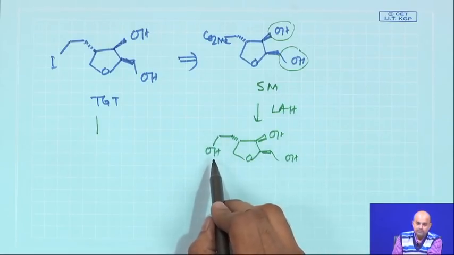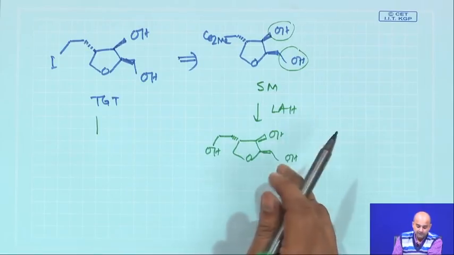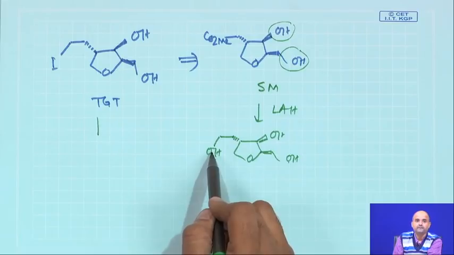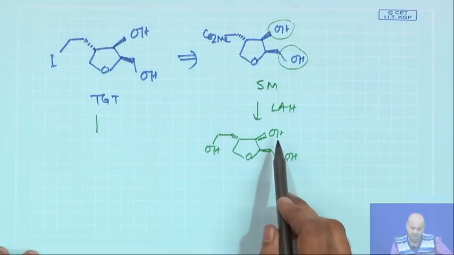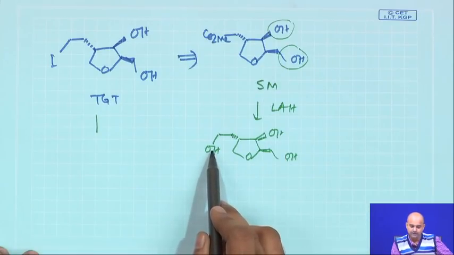Now, there are 3 hydroxy groups, 2 primary and 1 secondary, and your target molecule selectively contains only 1 iodo group at this primary. So, it is a very difficult scenario. You cannot use a simple Appel reaction, because then this will also react. Primary and secondary, the probability is less, but it will definitely not be that chemoselective.